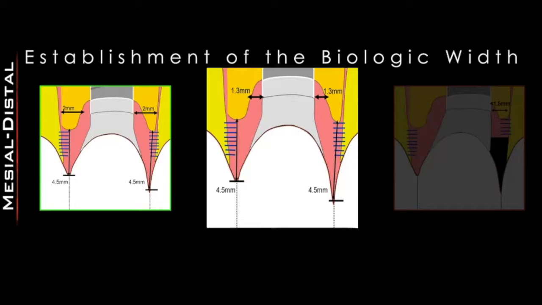Now, does that mean that we should compromise to screw retained versus cement retained? Well, put it this way. When it's screw retained, all the components are attached as one piece, and you have a chimney that attaches that one piece directly to the implant itself.